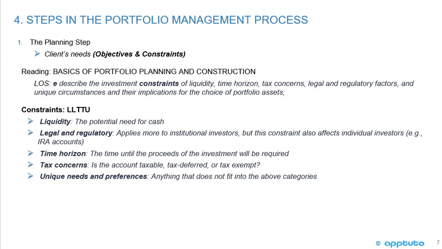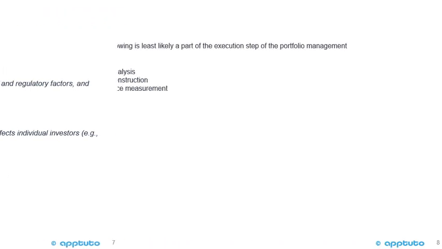So with regards to the constraints, it's very specific for the CFA, and the mnemonic LLTTU has been used for years and years. So again, the constraints are liquidity, legal and regulatory, time horizon, tax, and unique needs and preferences. Very specific to the CFA with regards to constraints, LLTTU.